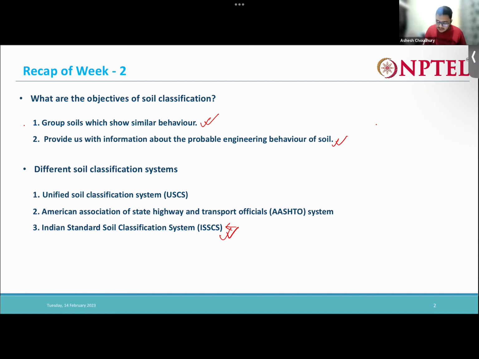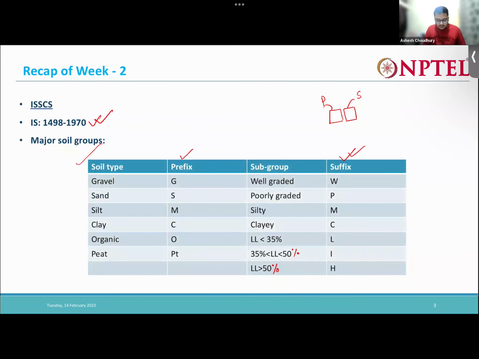Then we learned about the different soil classification systems. Then we saw our Indian classification system, what are the prefixes and what are the suffixes that we use.